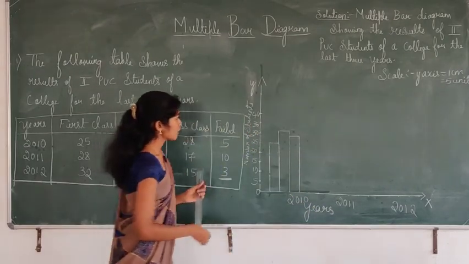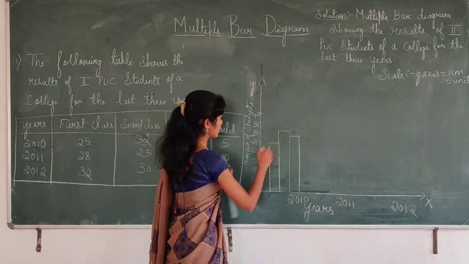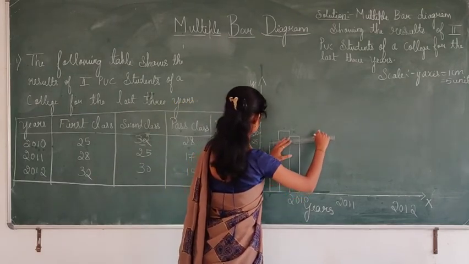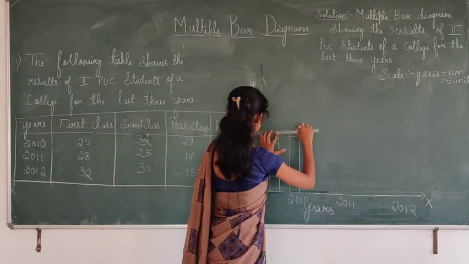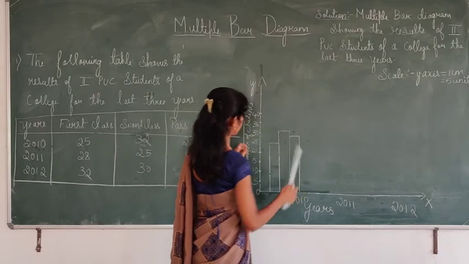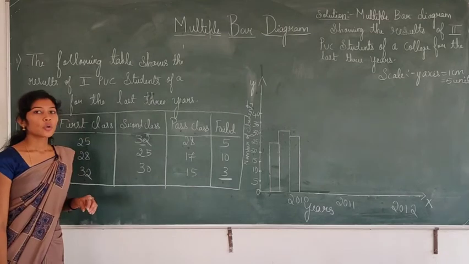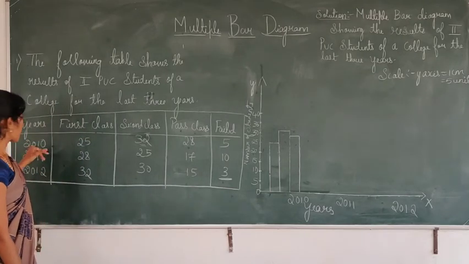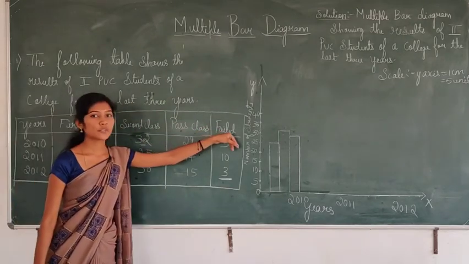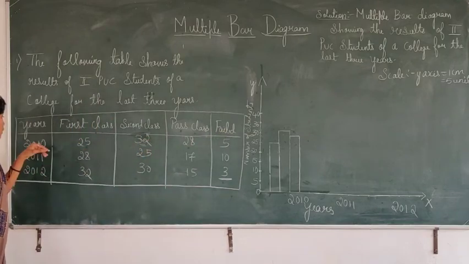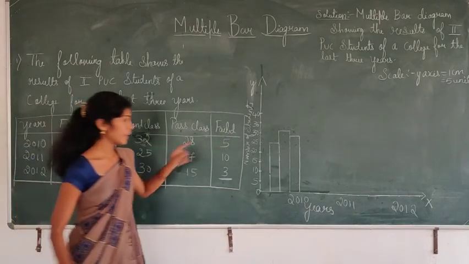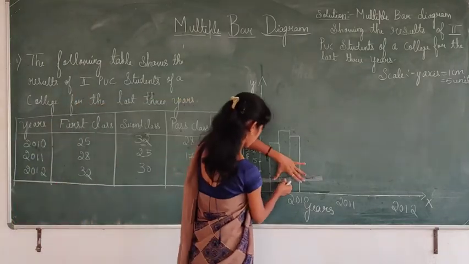The number of students who have failed in the year 2010 is 5. So 5 is here, mark 5.